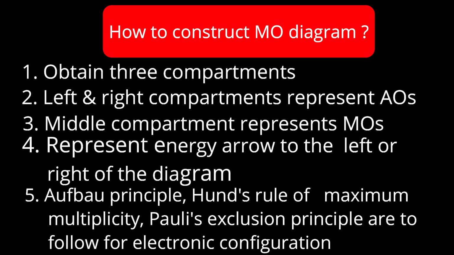And last, Pauli's exclusion principle means no two electrons in an orbital will have the same spin. They will be paired. Their spins will be opposite. Considering all these basic facts, we can construct molecular orbital diagrams.